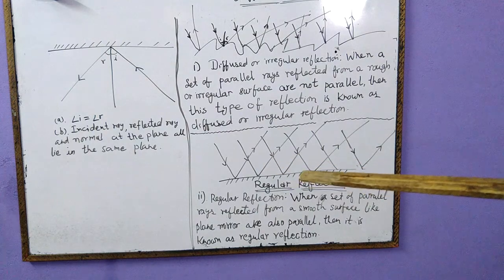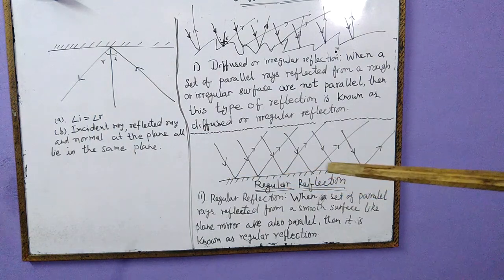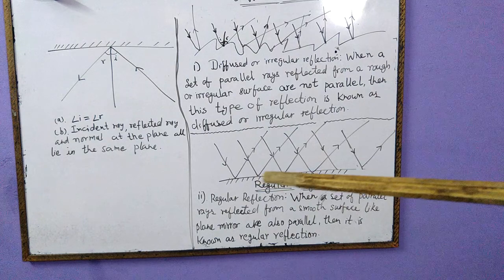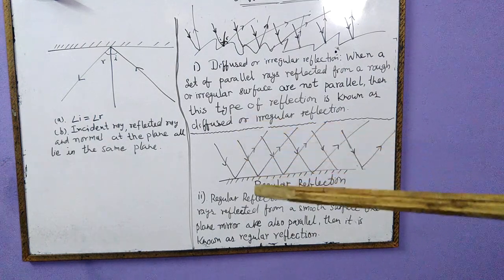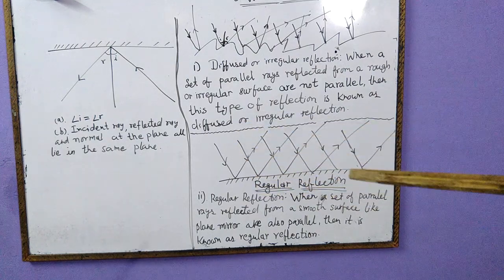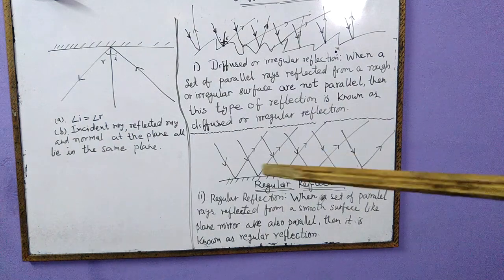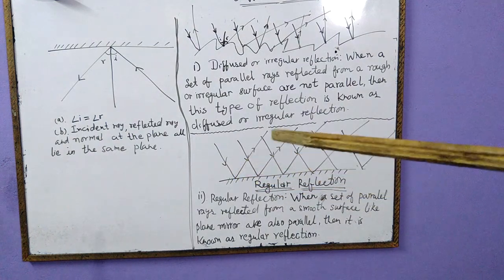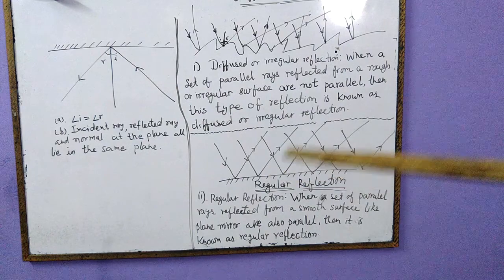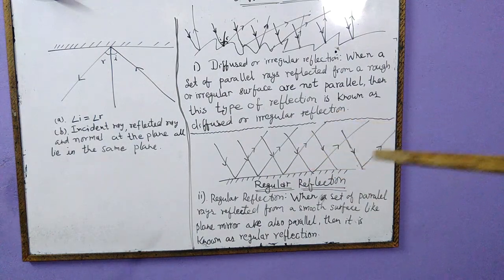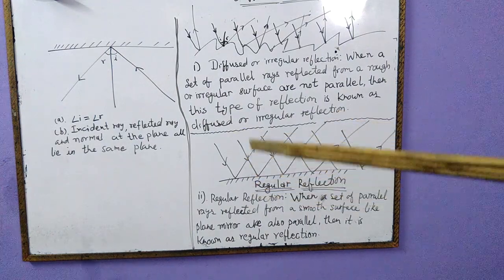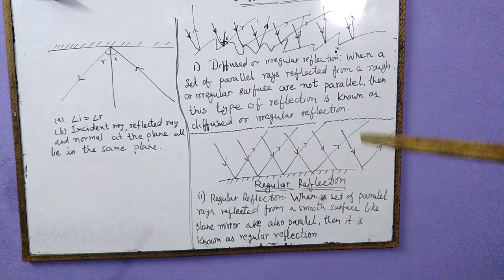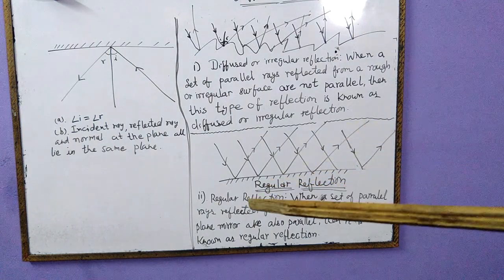Now come to regular reflection. Here you are seeing the reflecting surface is smooth or regular. Again, a set of parallel lights are falling on this surface. In this case, students, very interesting, you will see all the reflected rays are also parallel. So the parallel set of light is reflecting in a parallel manner.